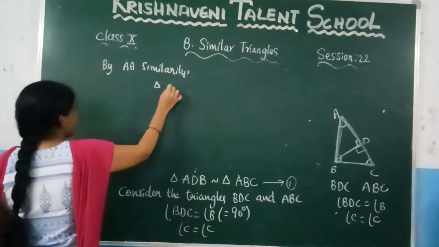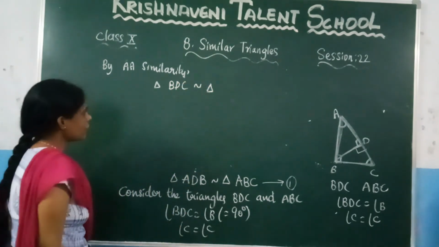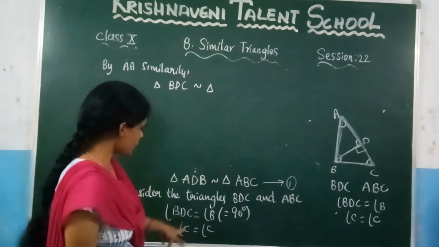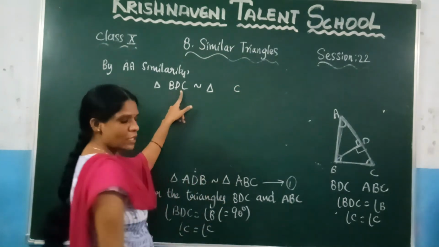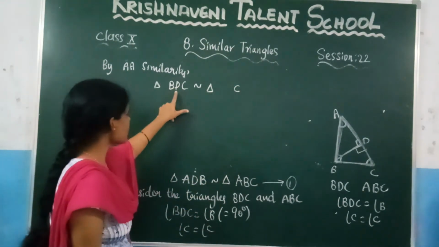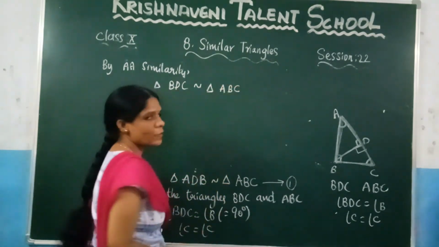You can say it here, the triangle BDC is similar to, again by writing the angles you need to check which angle is equal to which angle. Here you know that angle C is equal to angle C. So in place of C you need to write here C. And after that we know that angle D is equal to angle B. So in place of D you need to write it here B. What is left out here, which is ABC.